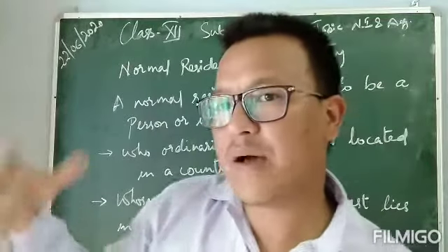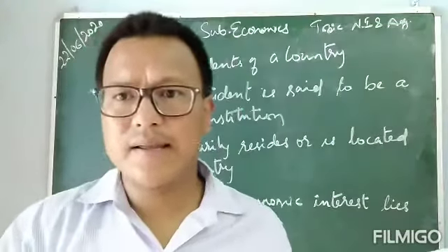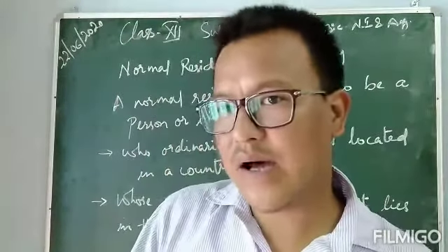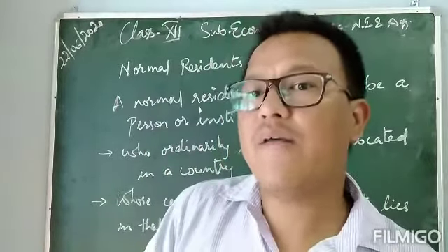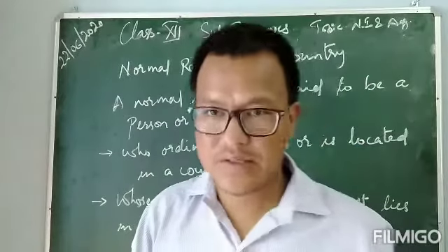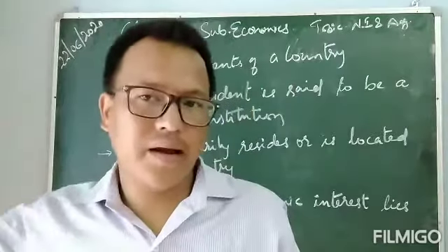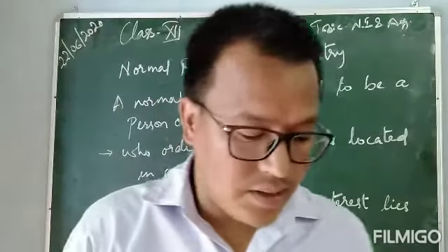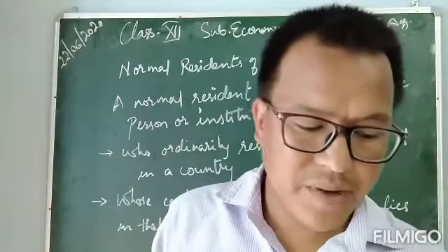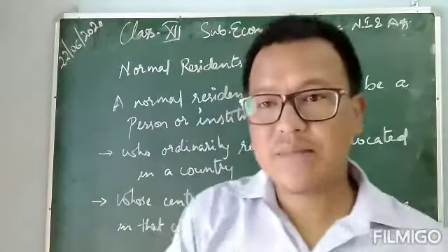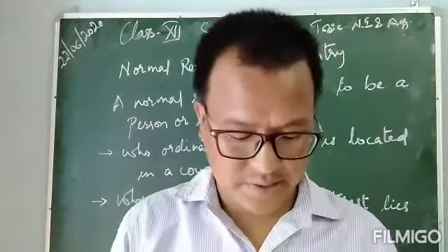Let's say, for example, America has an embassy in our country. These foreigners are not engaged in our economic activities. They will belong to America or England, wherever the embassy is. Then there is the crew of foreign ships, aircraft, etc. So these are all examples of non-residents.